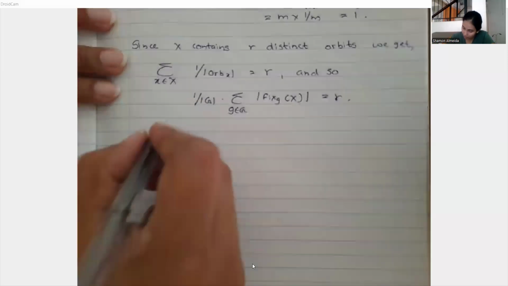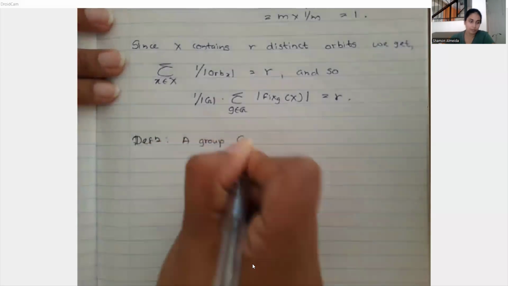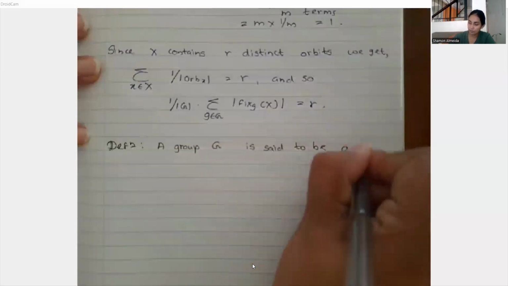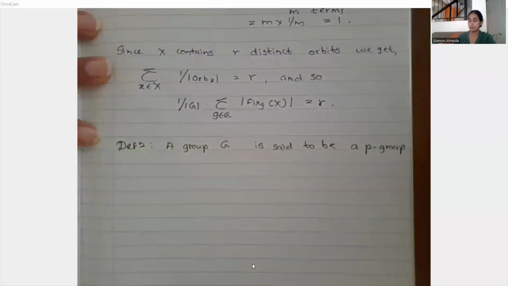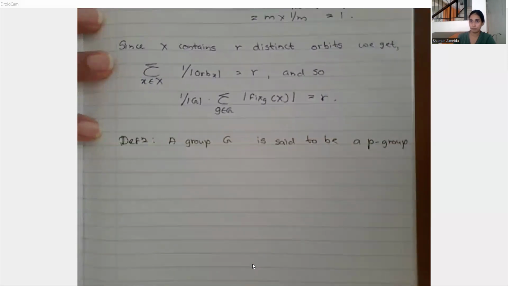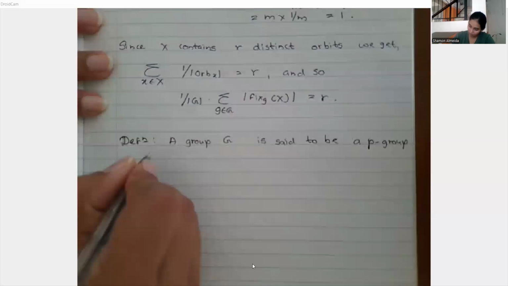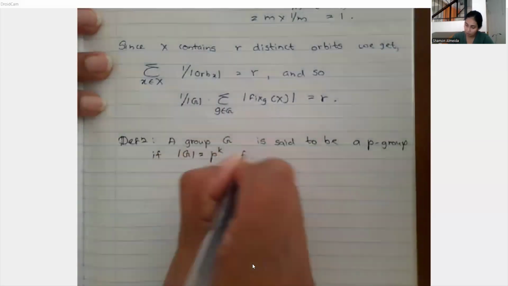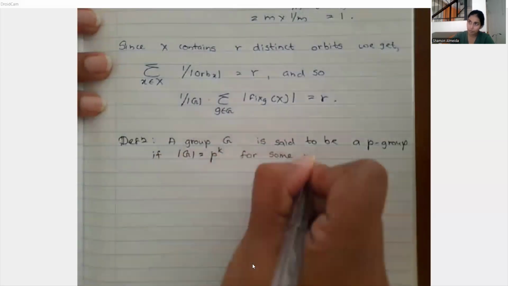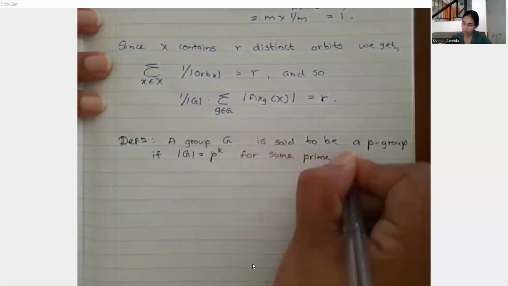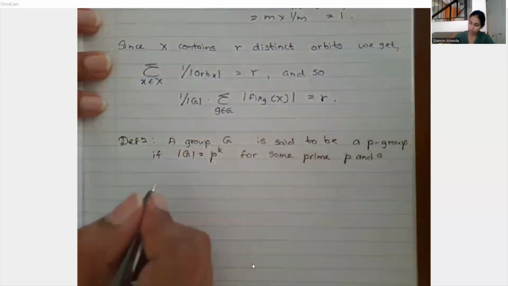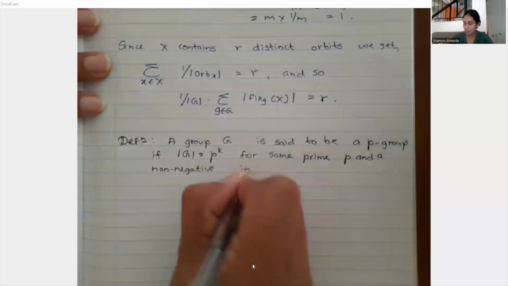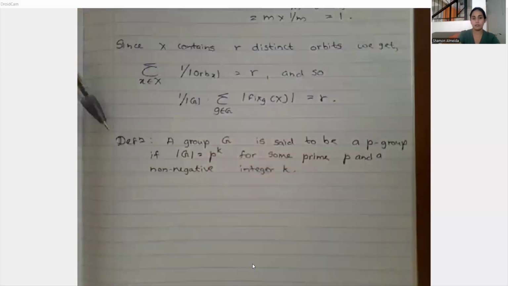So let me write: a group G is said to be a P group if the order of G is equal to P to some power K, for some prime P and a non-negative integer K.